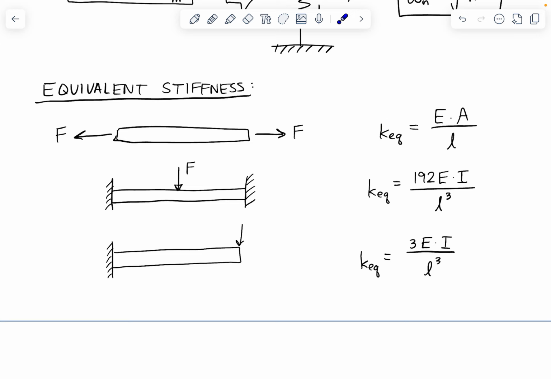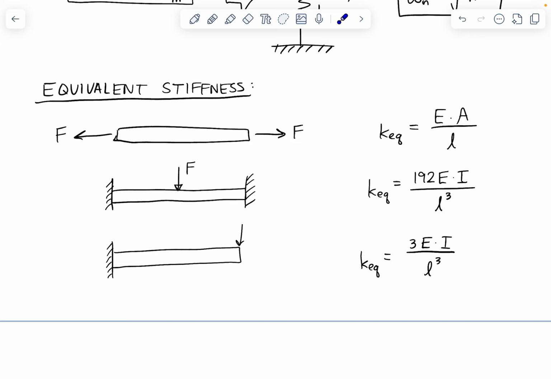And when we have a loading scenario like one of these two, that relationship is actually cubic. As I decrease the length, that length is cubed, and so this number in the denominator is going to get small really fast, which means that the stiffness is going to go up really fast, which means that deflection goes down. So there's a strong dependence of the stiffness, and therefore the deflection, on the length of the shaft.